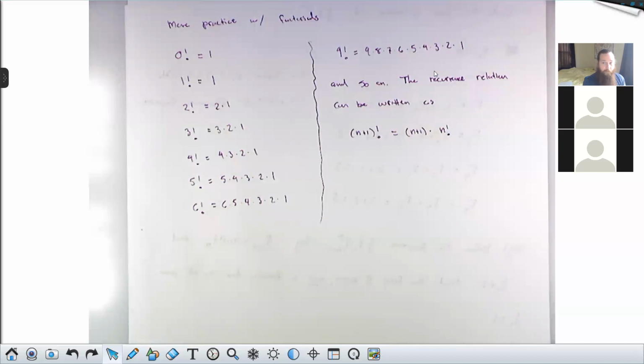And you want to be very careful with the algebra of factorials. Don't assume that you can distribute the exclamation mark, right? This is not n factorial plus 1 factorial. This is not multiplication. But this is another nice way to think of the definition of the factorial.